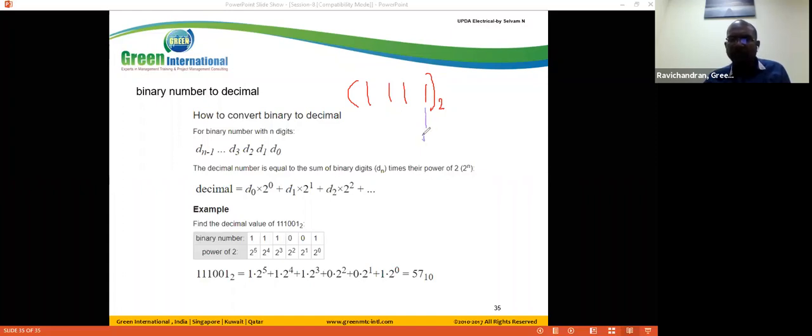Below each digit we put a 2, because we are converting a binary number to a decimal number.